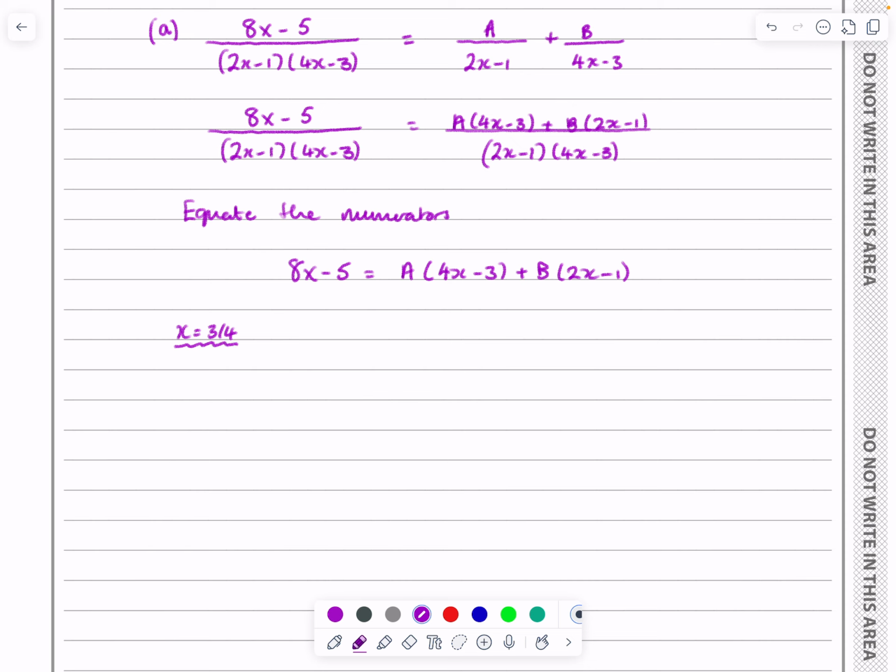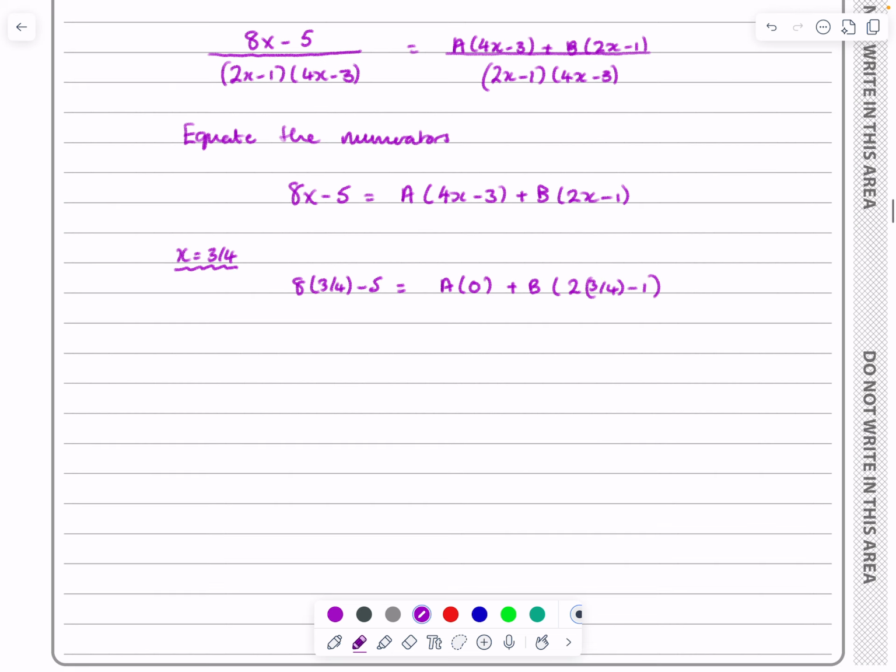If I choose x equals 3/4, I get 8 lots of 3/4 minus 5 is equal to a then 0, that was the whole point, plus b 2 lots of 3/4 minus 1, and you can tidy that up. We're going to get that b works out to be equal to 2 if you do that.